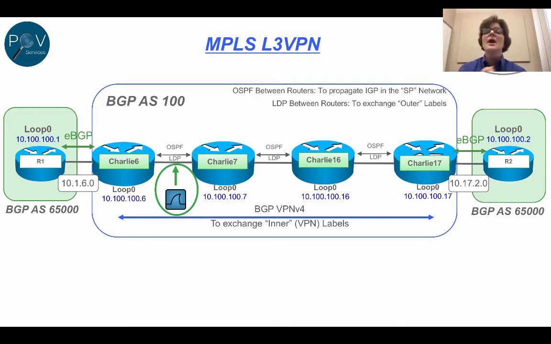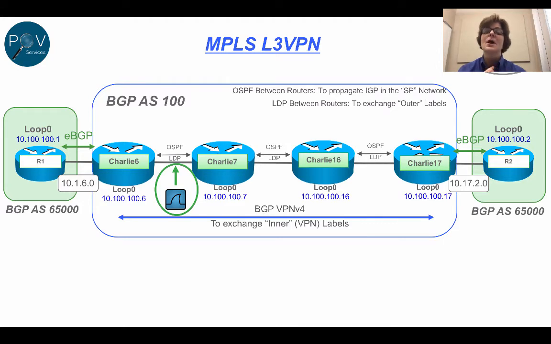What I did prior to this video was actually put a sniffer trace between Charlie6 and Charlie7. I actually have them on a switch network and I'm spanning a port. I already shut down Charlie6's physical interface to that switch in the middle. When I no shut, I'm actually going to capture everything.